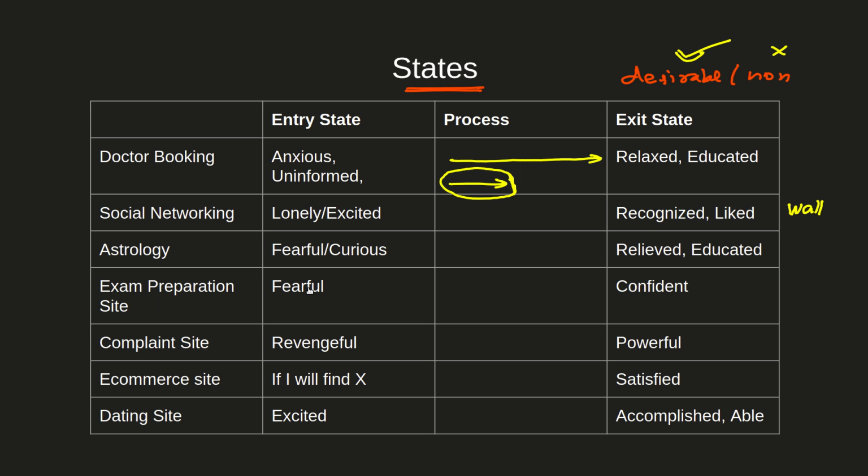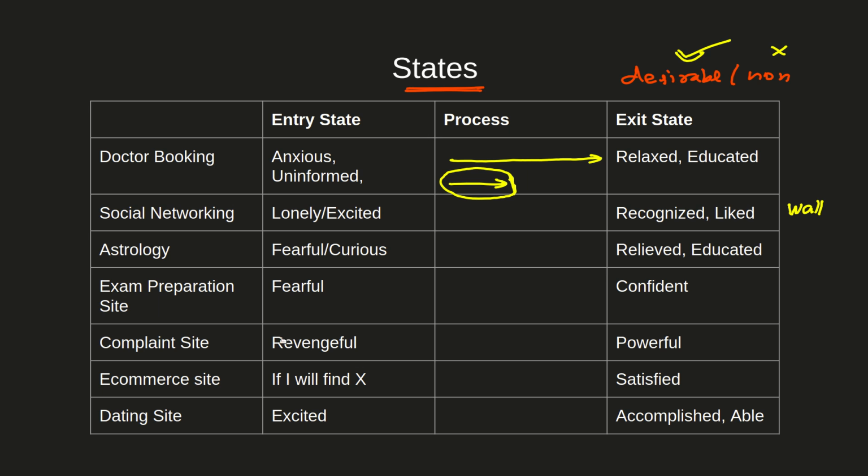If the exam preparation site makes you unconfident, then the site's job is to make you feel confident, right? So how can they do it? You have achieved this, but you can really improve if you do these five things, if you watch this tutorial, or if you work on this again and again, right?